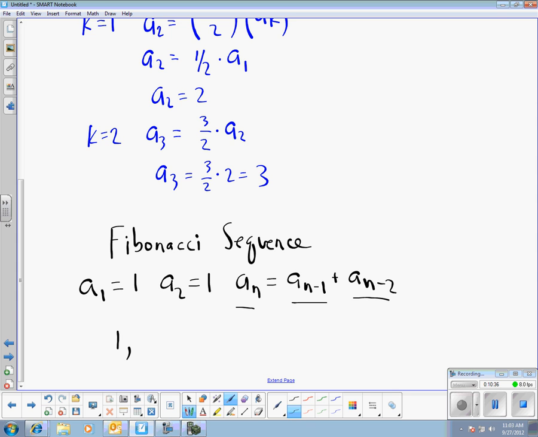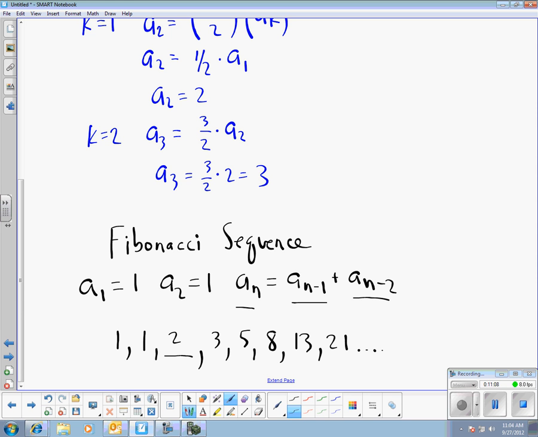So I know my first two are 1, and then the third term is the previous plus the 2 times previous, which is 2. And then my next term is the sum of the previous 2 terms, and so on. So this is the Fibonacci sequence. All right, and it shows up lots in nature, and we'll talk about it sometime. But that's an example of a recursively defined sequence. It's based on the terms that come first.